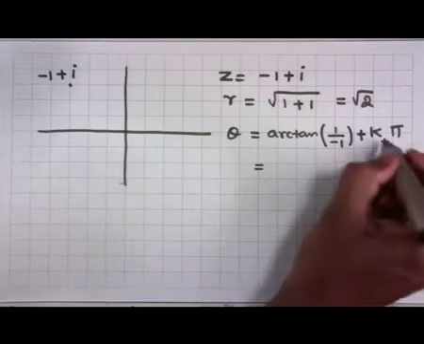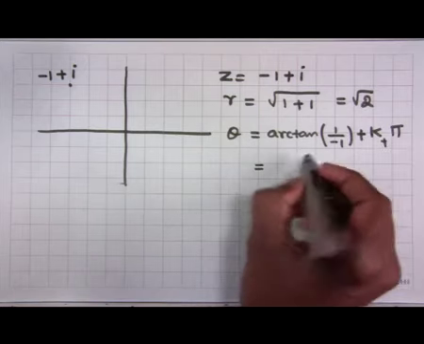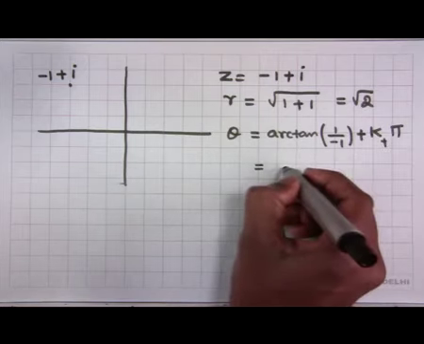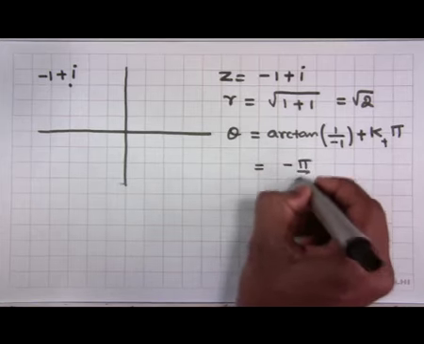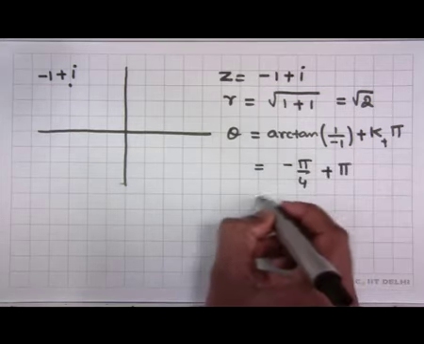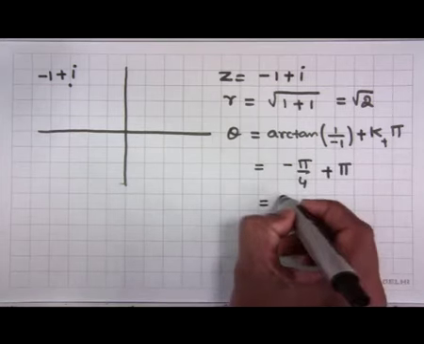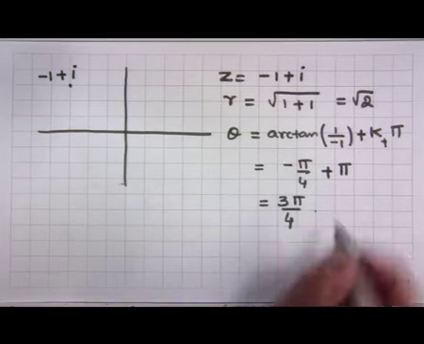So, we take k value as 1, so this is minus pi by 4 plus pi, and we get 3 pi by 4.